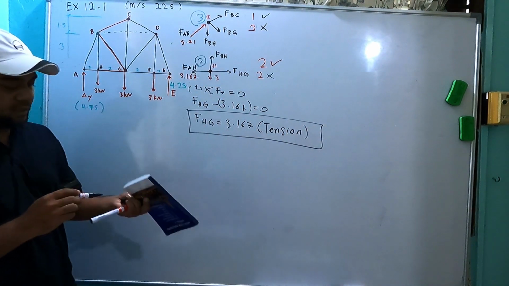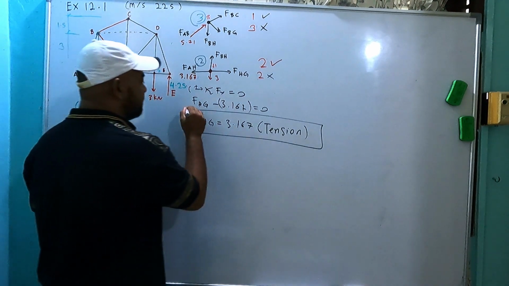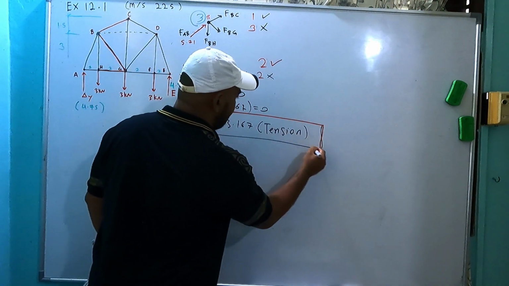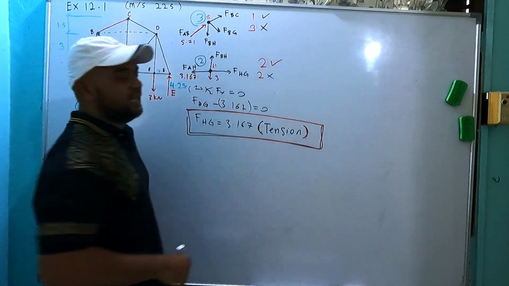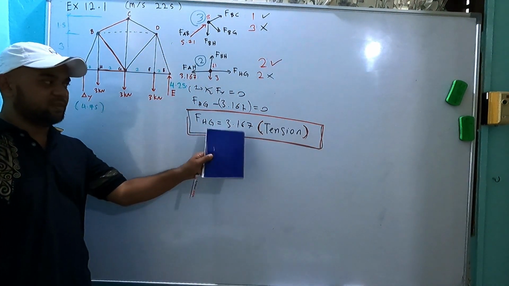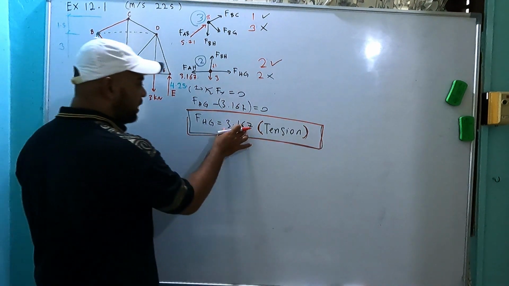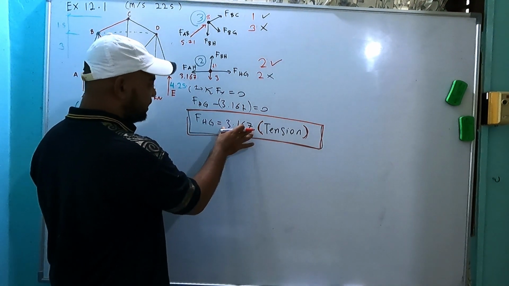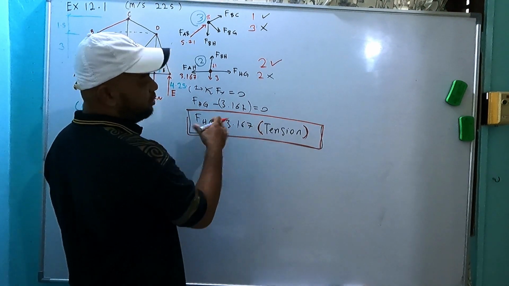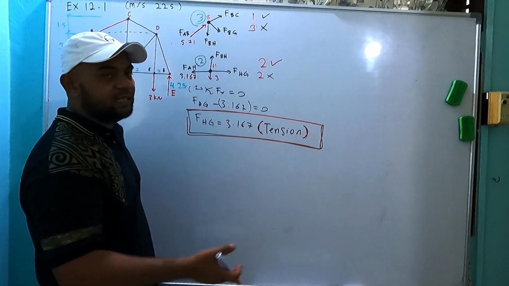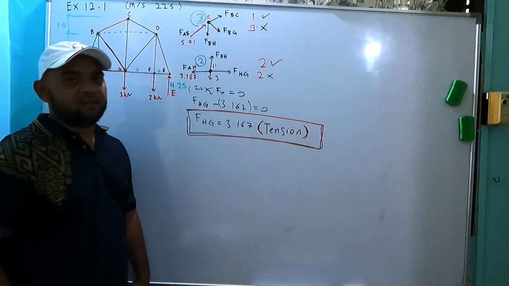You must write this way, meaning that the part that is needed and in bracket the condition, in tension or in compression. This must be in your answer. If you just write this one without it, or if you got negative, you just write negative there, because you said that negative is in compression, but you didn't state it here, you will lose mark.